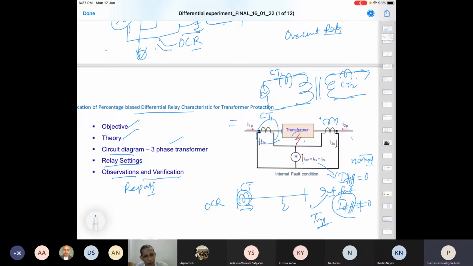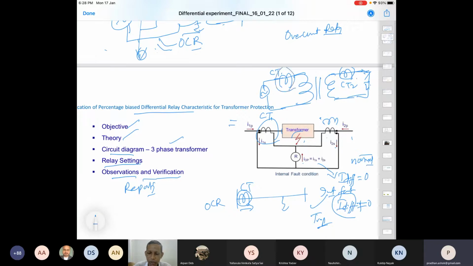That is a very common issue we address in the lab, but we are not in the lab, so what can I do? Let us say in the experiment what we do. Once this transformer is there, I connect CT1 and CT2 like this. My first job is to put some load and see that if the differential current at that loading condition is not zero, then my polarity of the CT connection is not proper.